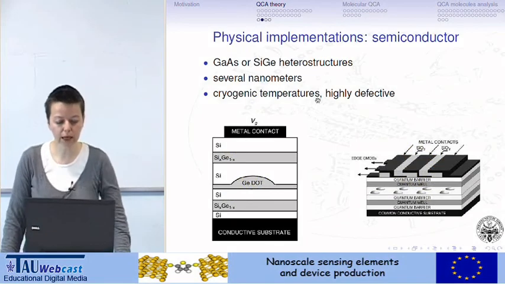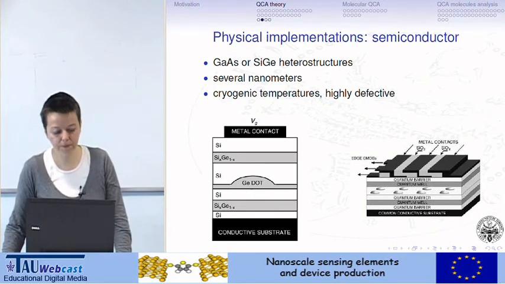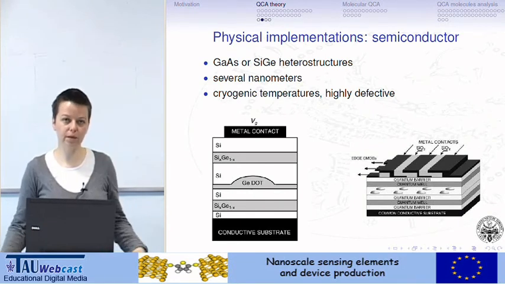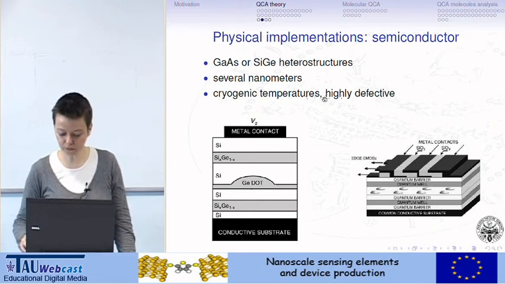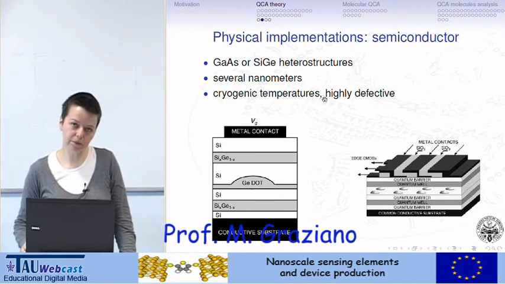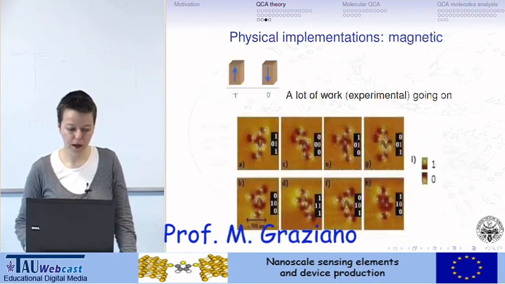At organic temperatures, it is highly defective, and especially if nano dimensions should be reached, it has been proved that defects overcome the possibilities of the technology. So this implementation has been basically abandoned.